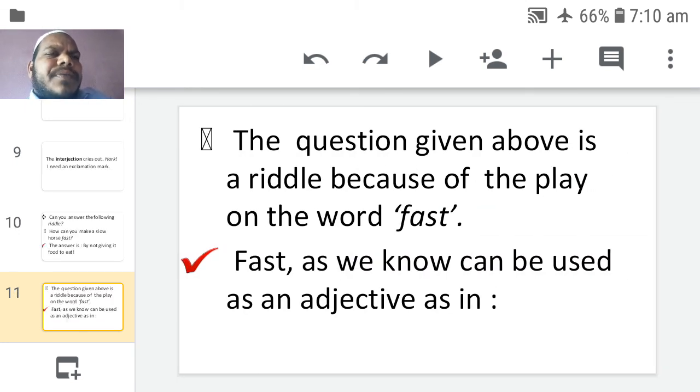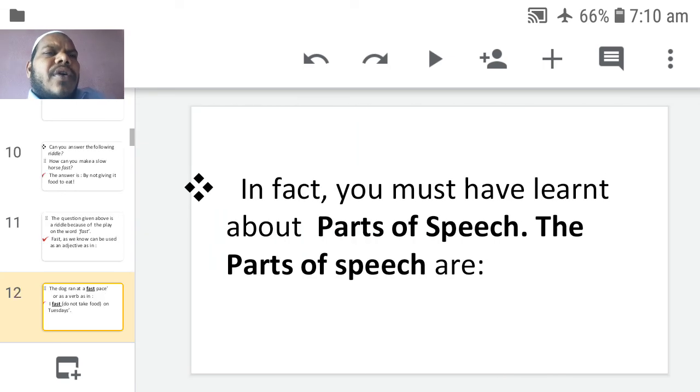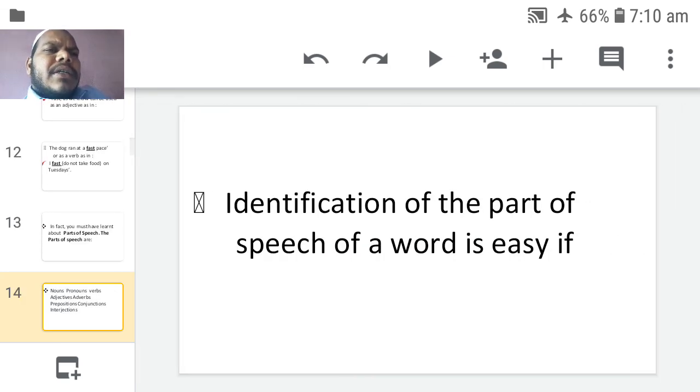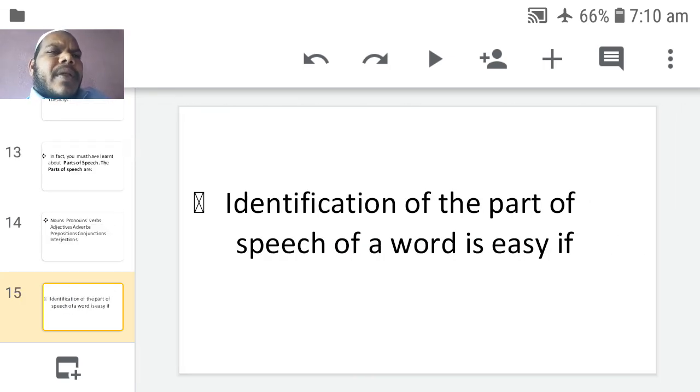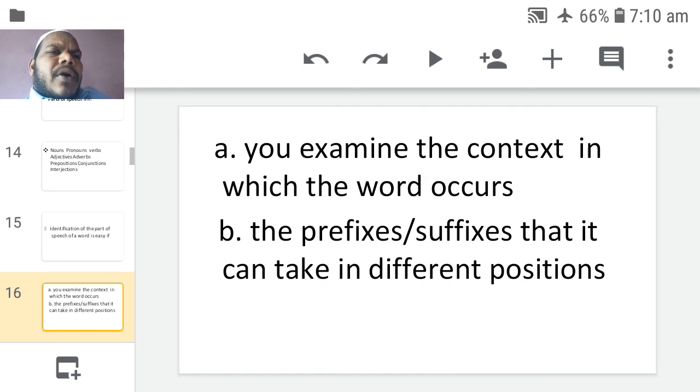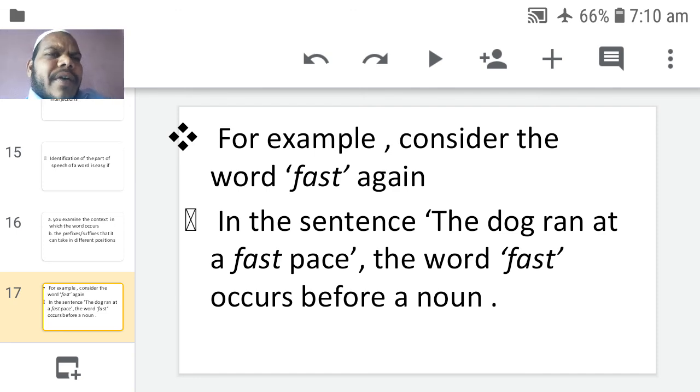And we have seen that by knowing the context and the prefix or suffix that a word takes in different positions, we can come to a conclusion about which part of speech a word belongs to. And we have seen some examples.